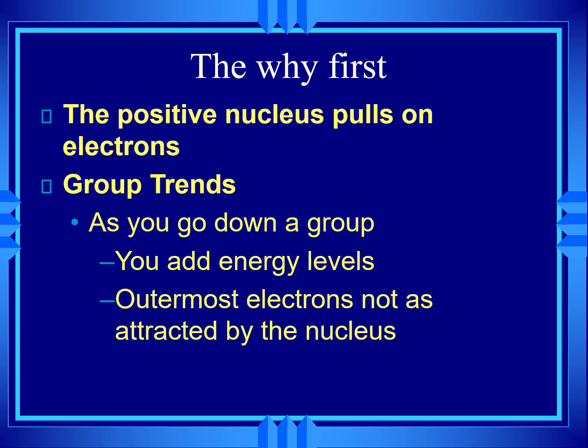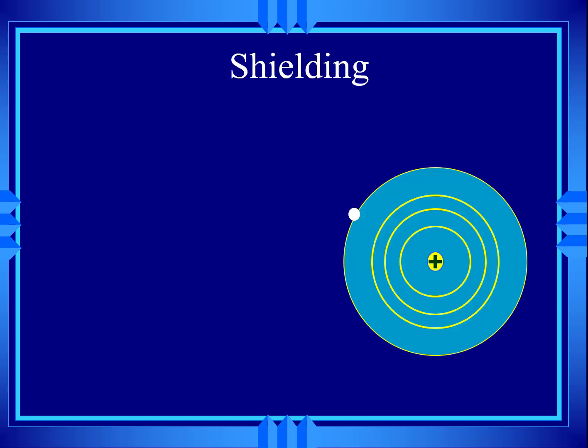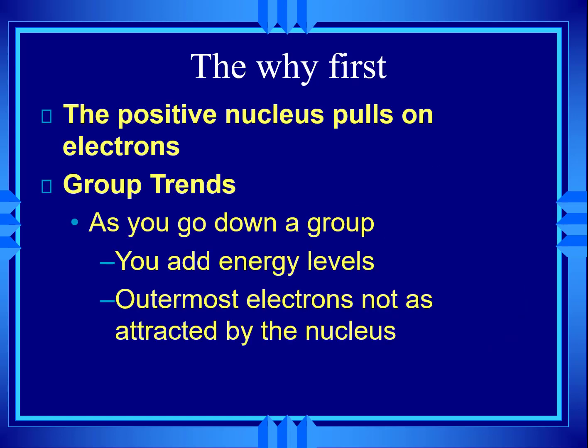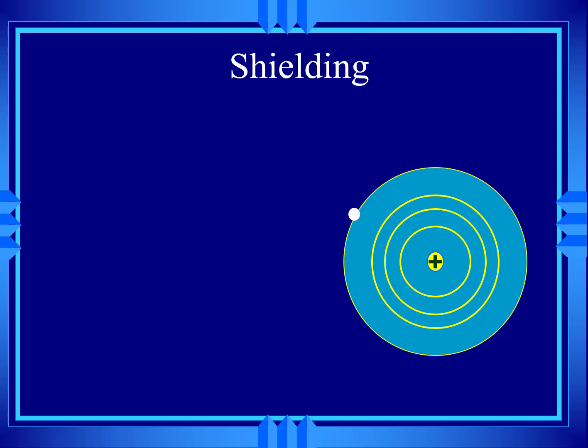How does adding a layer of electrons make it less attracted? Well, it happens because of something called shielding. The outer one's not as attractive. So what's the working theory behind a shield?